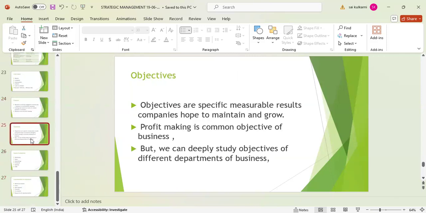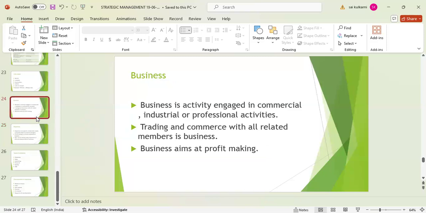Now this is the concept of business. Now objectives of business. There are different objectives. So the first and common objective of business is profit making. Now we are clear about the concept of business. Now we have studied the concept of vision, mission, and business. Now the last one, objectives of the business.